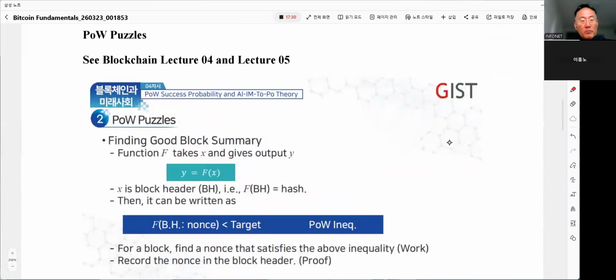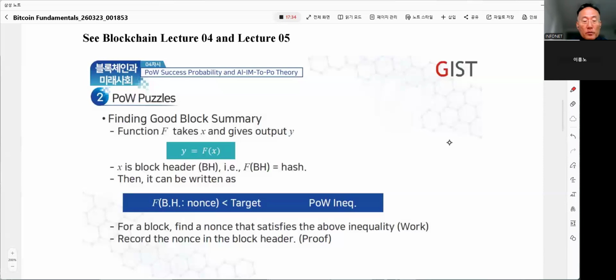Now here is the POW puzzle. Now I'm using F for H, the previous page's H. So same notation F of X, and Y is the hash output.